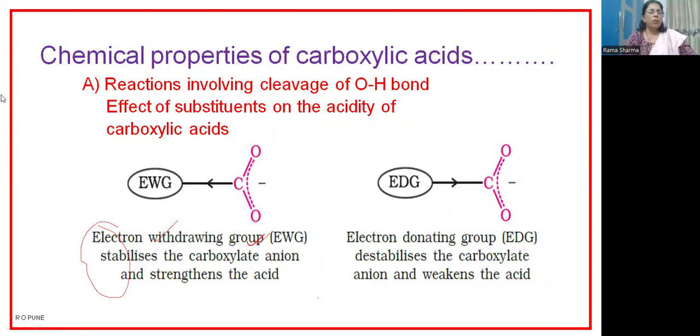The presence of an electron withdrawing group facilitates the removal, that is, the removal becomes easier due to the stabilization of the carboxylate anion. An electron donating group destabilizes the carboxylate ion and weakens the acid. That is, the removal of H plus becomes difficult.